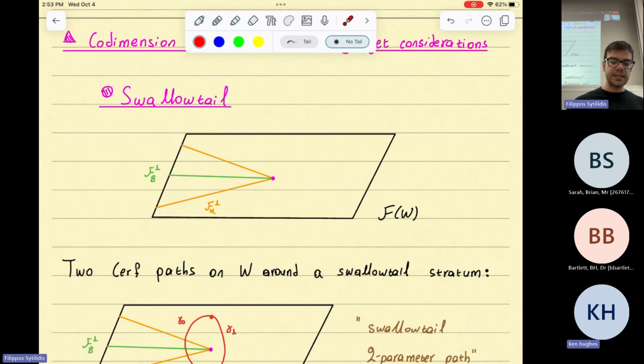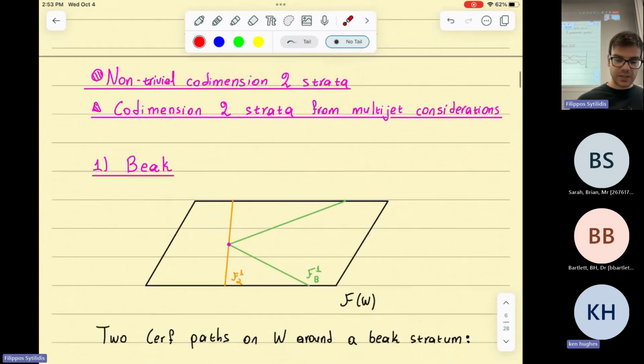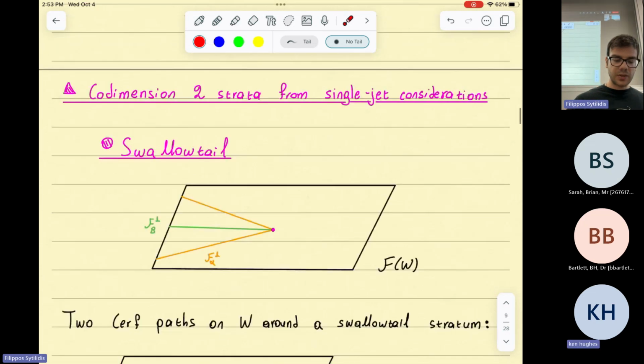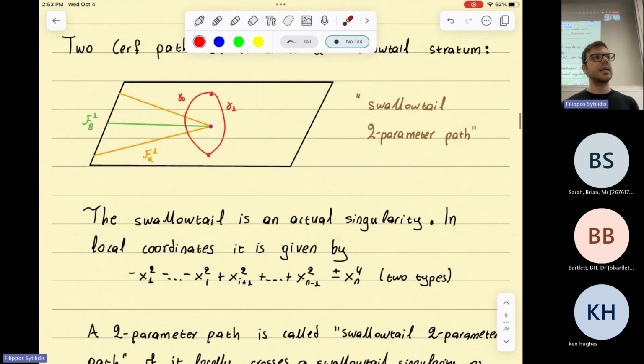This is related to calling these as coming from multi-jet considerations. That's what the multi-jets are needed for. But for the swallowtail, this is different. The swallowtail itself is an actual singularity, like the local behavior of the function around it is different than the local behavior of the function around the cusp or around the Morse critical point.